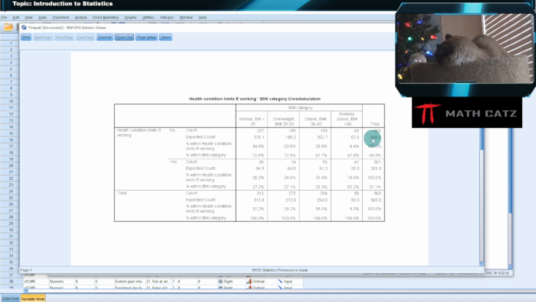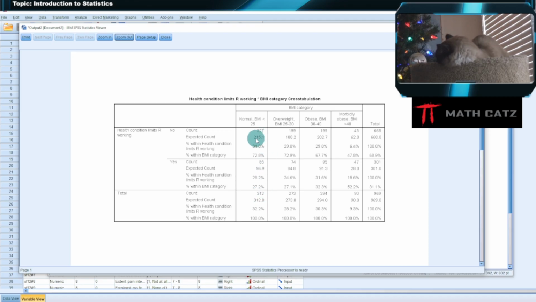According to 668 out of 969, that proportion, which would be 68.9%, I expect to be in 68.9% of the total normal categorized people of the 312.